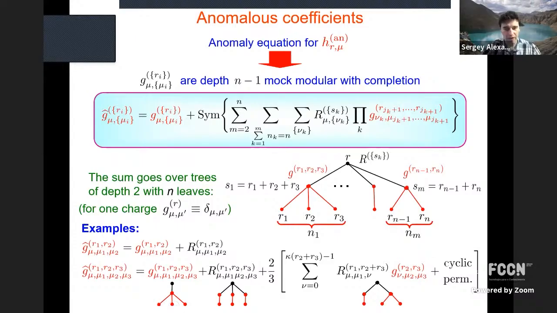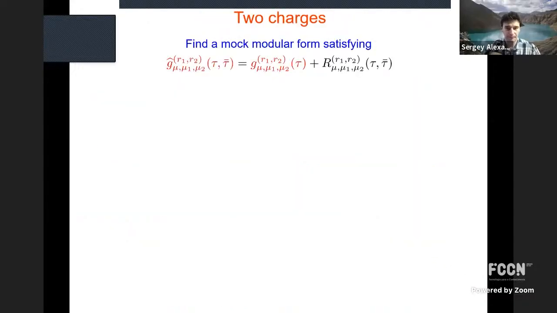I should emphasize that we are interested in any solution of this equation. We don't need to fix the modular ambiguity. Any solution would work. So let's return to the simplest case of two charges. This is the equation which we need to solve.